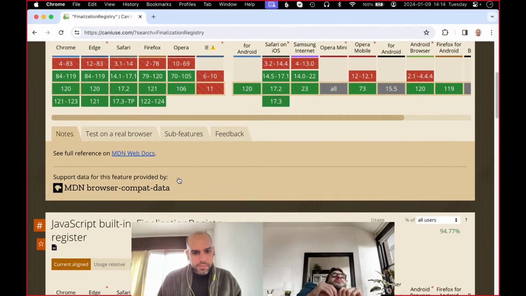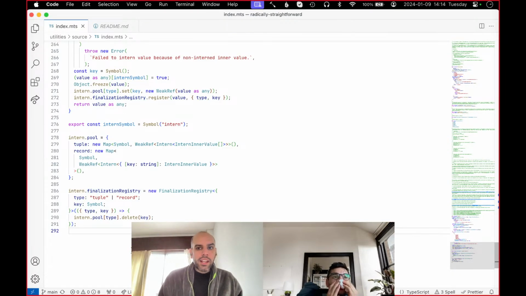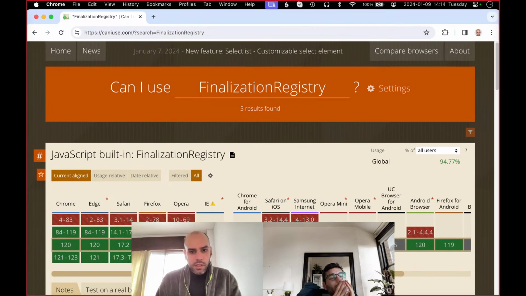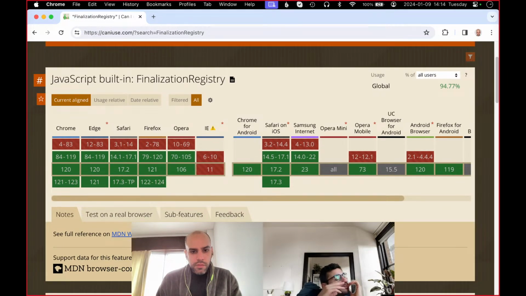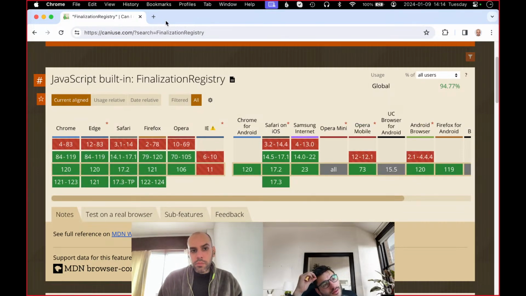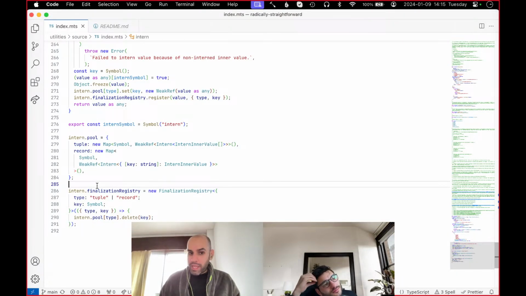Oh, but it's not in IE. Yeah, true. And it's not something that you can polyfill. Does Safari support it? Yeah. Safari in iOS I'm sure, since 2021. But it's also not the end of the world, because if the finalization registry doesn't kick in, you are going to make things slow, but everything is going to work.